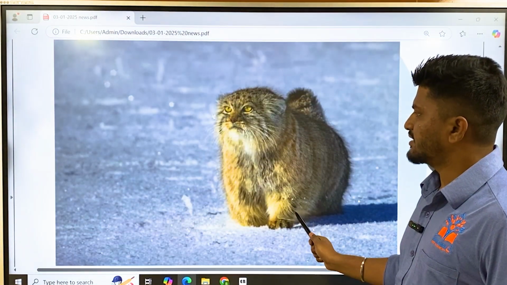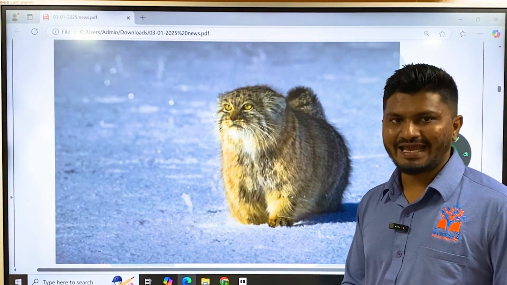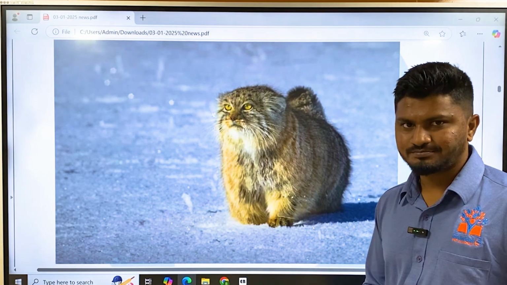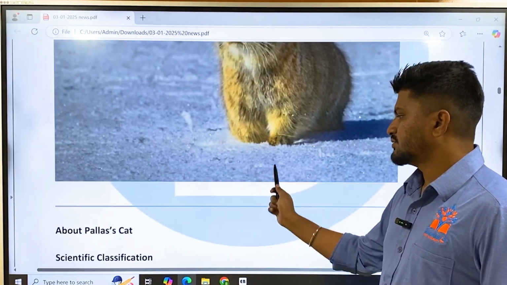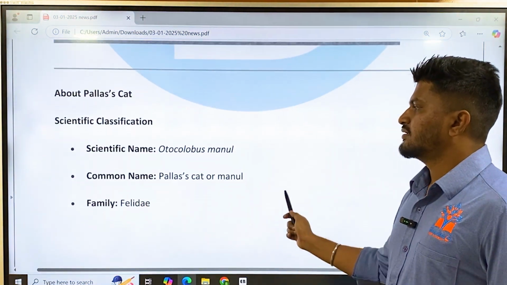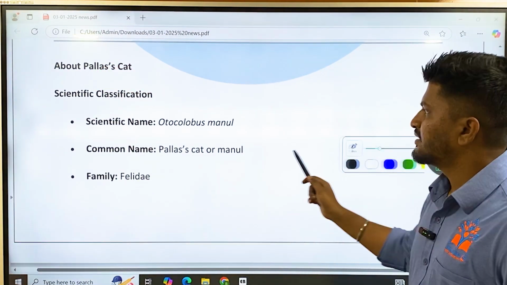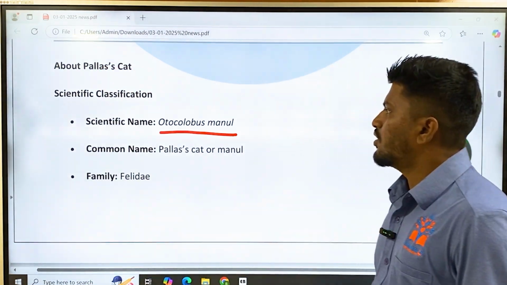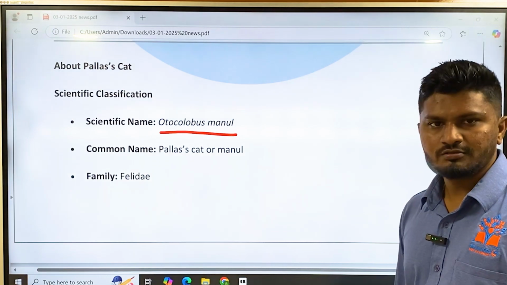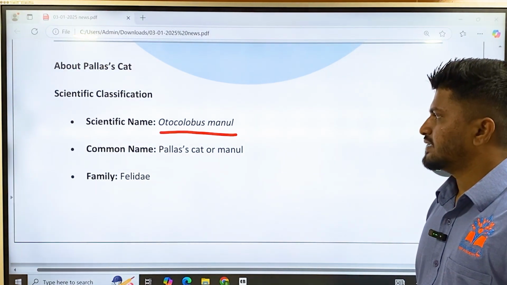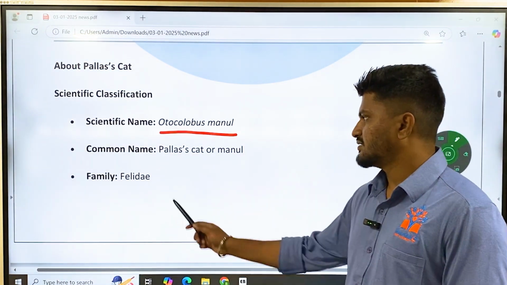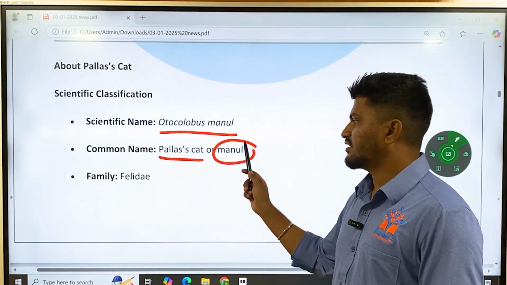Now this is the Pallas cat, a beautiful fluffy cat breed which is present in the Himalayas. Okay, so what is Pallas cat? On scientific classification, its scientific name is Otocolobus manul, or manul, however you decide to pronounce it, and the common name is Pallas cat or manul.